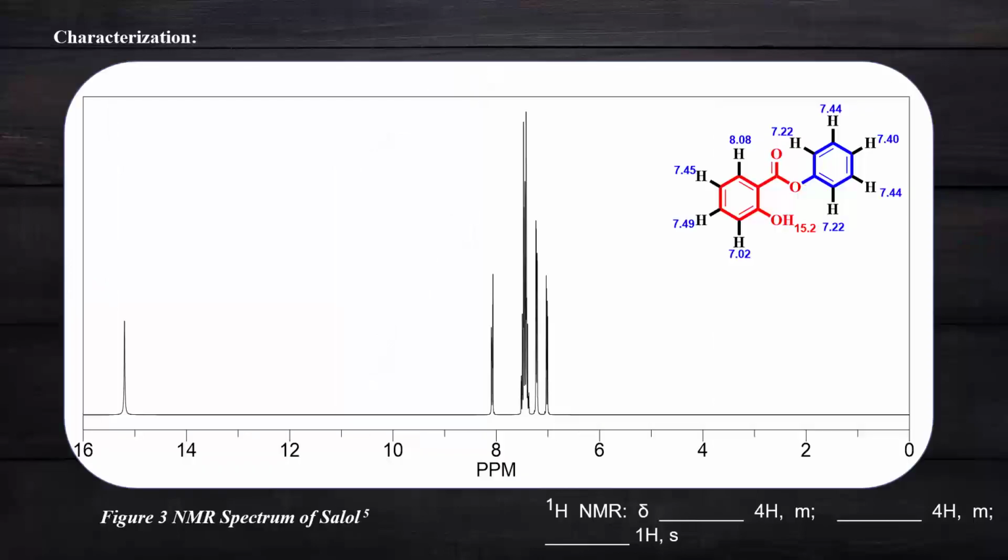The final characterization is done with the help of the NMR spectrum. By the way, this is a predicted NMR. If you compare the predicted NMR with the final one, there are some changes, but if we take a look at the predicted one, then we can easily understand the final NMR. So what is the predicted NMR?